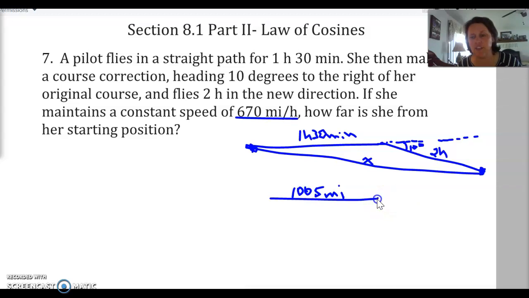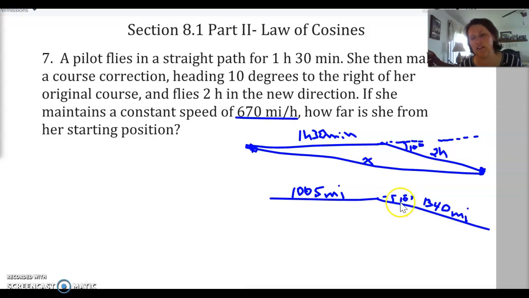And then she started flying this direction for 2 hours, so that was 1,340 miles.